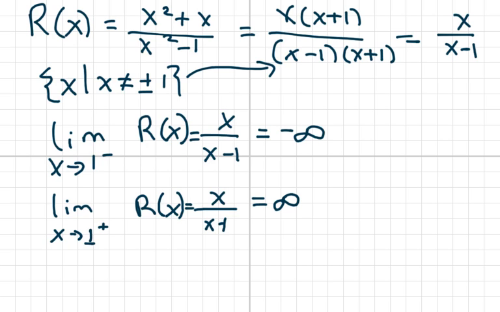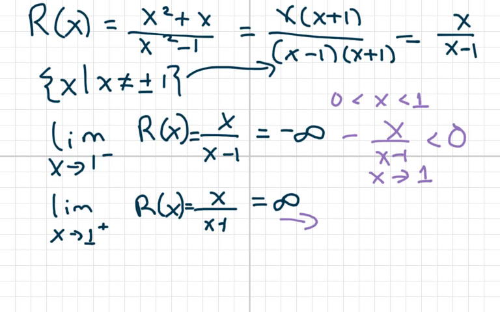Okay, because here, when x is in between 0 and 1, because it can't equal 1, x over x minus 1 is less than 0, and as x approaches 1, it becomes unbounded.